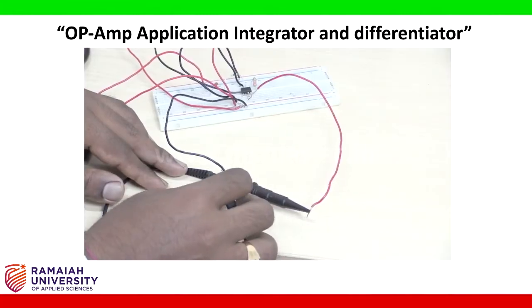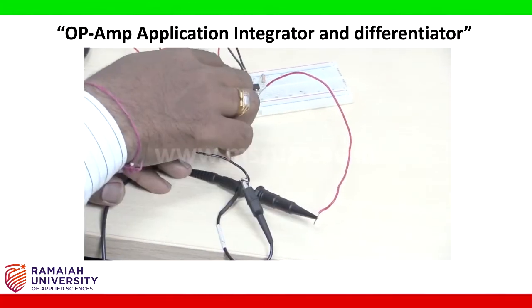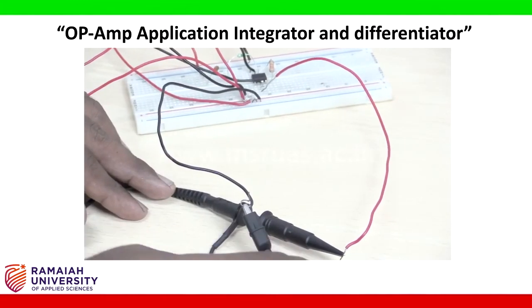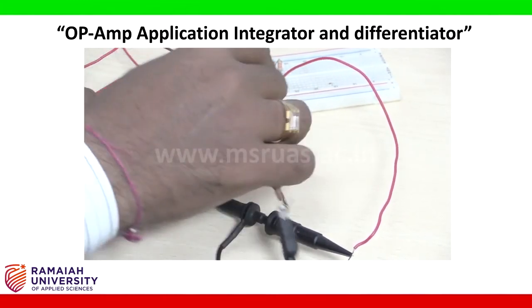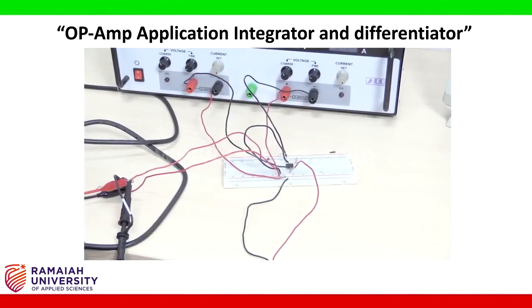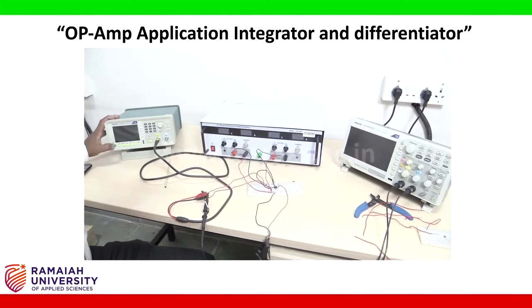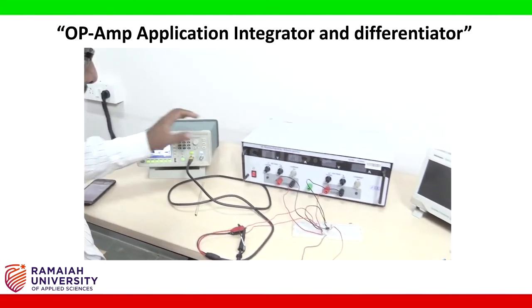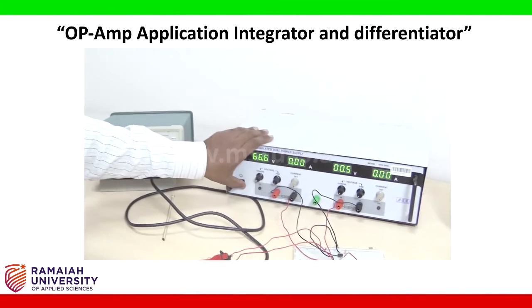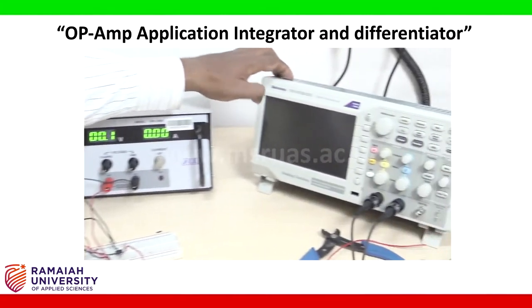So this is the positive terminal that will be connected to pin number 6 to see the output. This is the negative terminal that will be connected to ground. This completes the circuit connection. Now I am going to switch on the signal generator, the DC regulated power supply, and the oscilloscope.